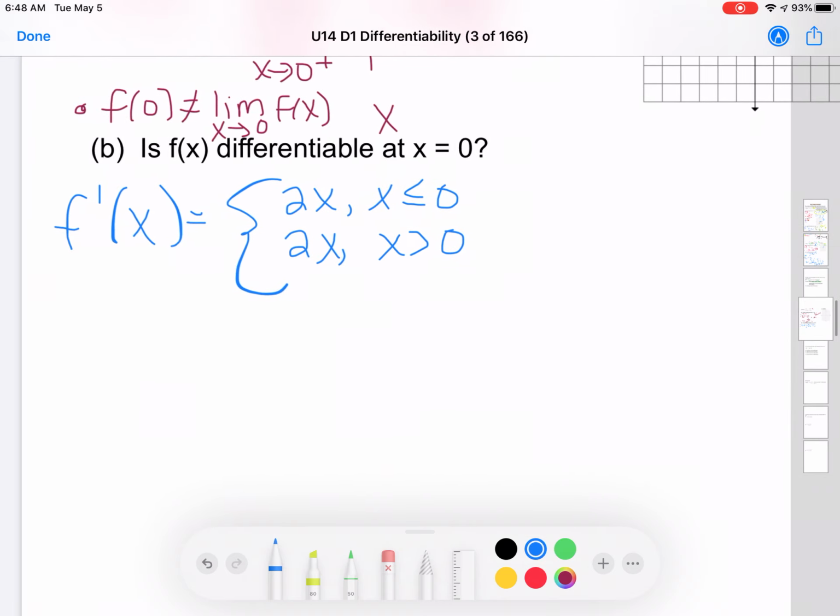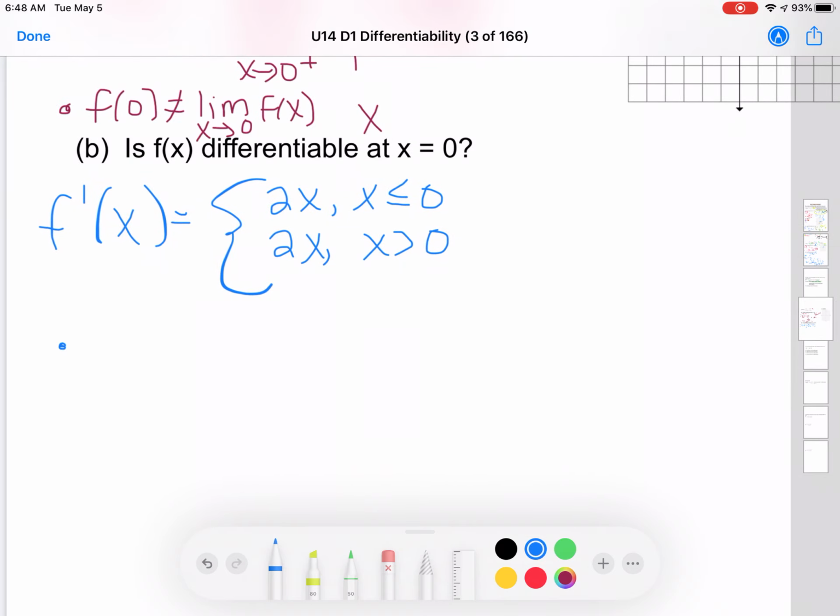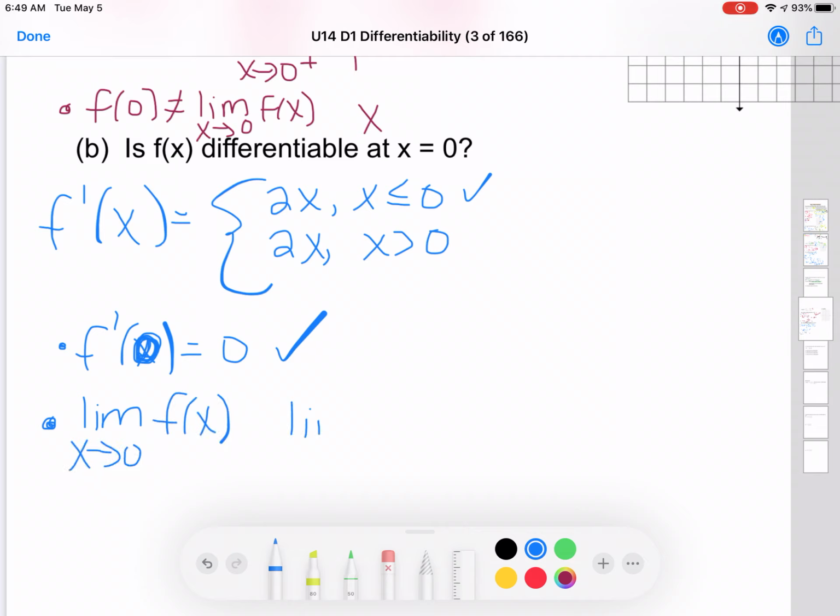And now let's do our continuity test on this and watch what happens. Okay, so we get our function value. Oopsie. Our function value does exist, right? If I want to find f prime of 0, I would plug into this piece right there, 2 times 0, 0, so that works. Now what if I want to take the limit as x approaches 0 of f prime of x?